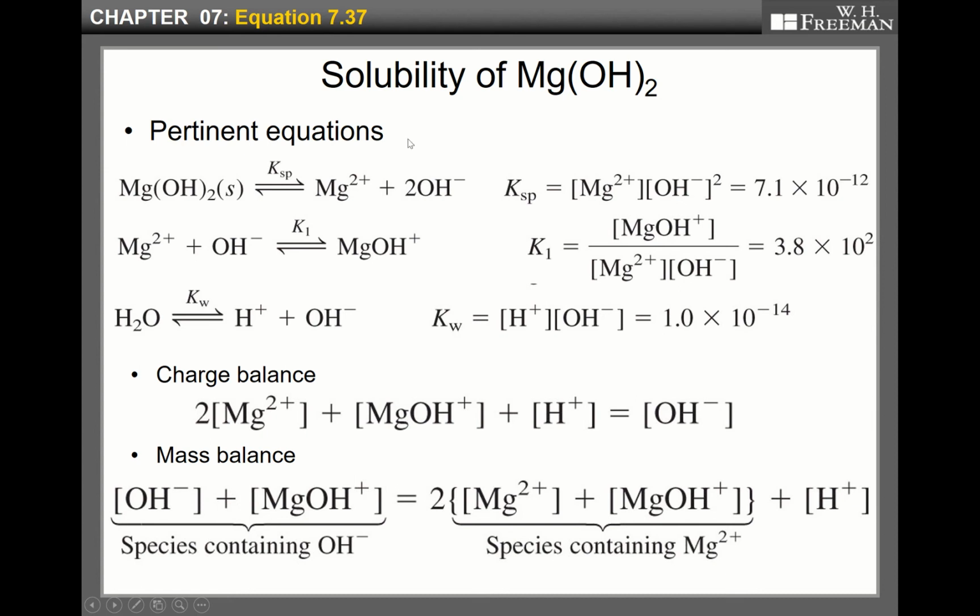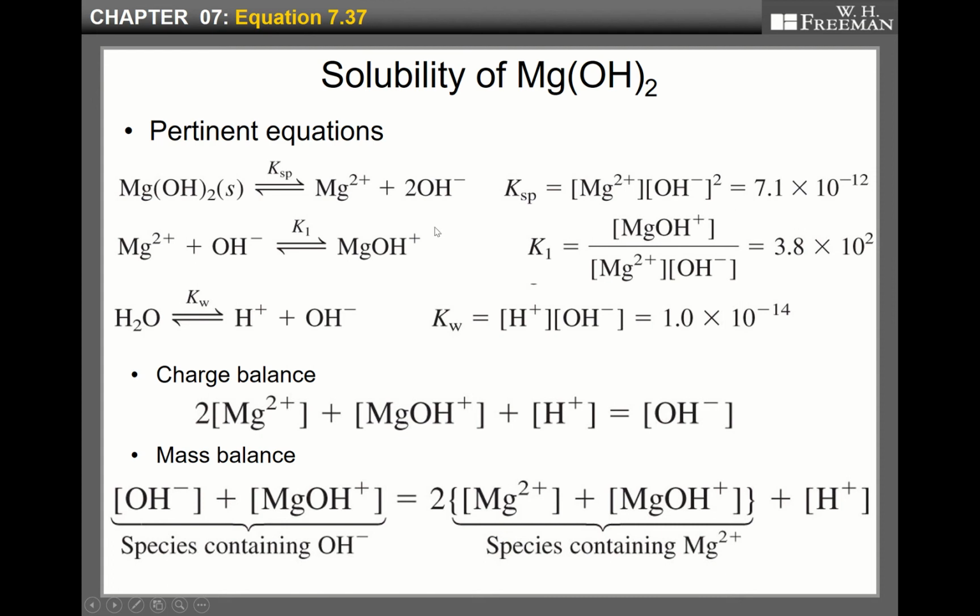When this magnesium hydroxide is in water, it undergoes dissolution to magnesium ion and hydroxide ion. The Ksp value for this one is written this way, and it is quite small.